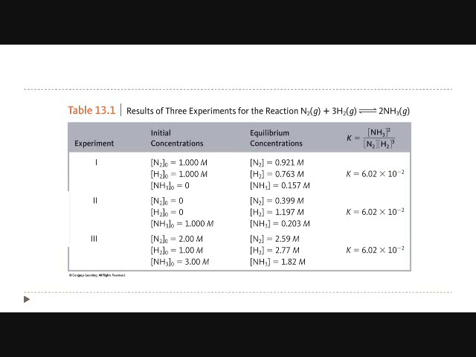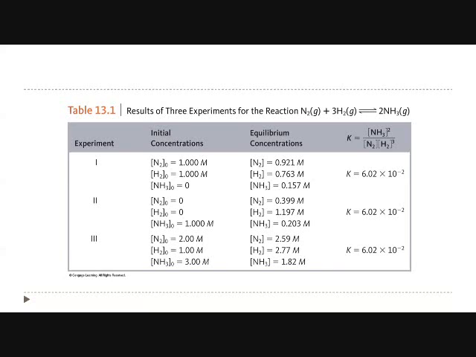Even though they started out with different amounts, when they got to equilibrium, the equilibrium concentrations for all 3 trials produced the same exact K value.